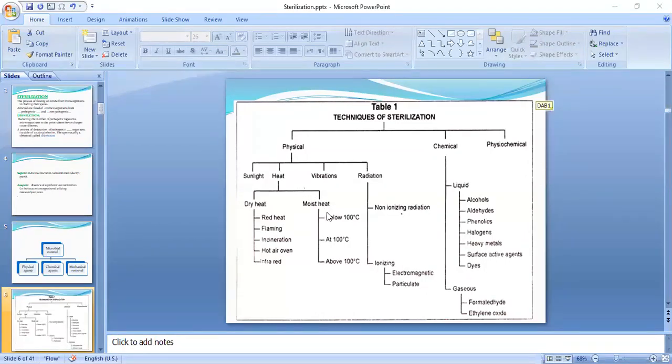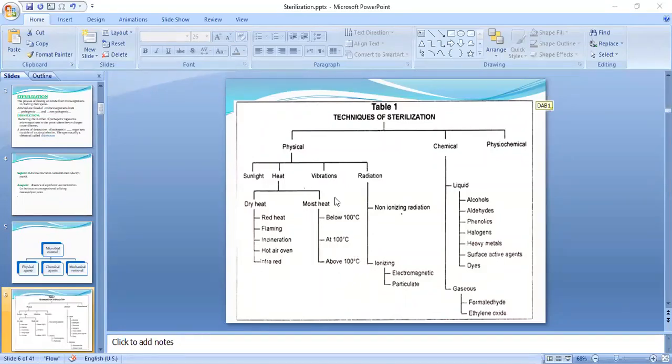Again, moist heat methods are subdivided into three parts: the methods in which the moist heat is applied under 100 centigrade, second at a temperature of 100 centigrade, and third at a temperature above 100 centigrade.